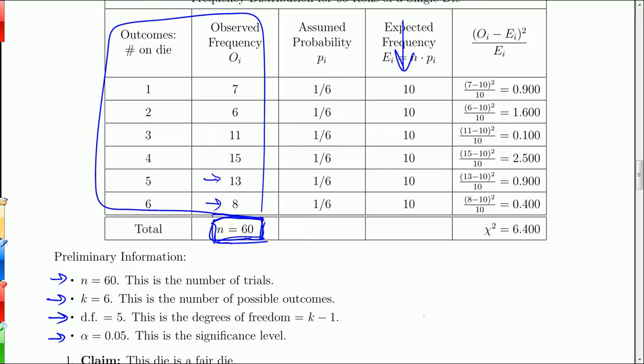E sub I here is N times P sub I. So when you take this times 60, which is what I did, that's just P sub I times N, we get the E sub I's. And again, because all of the probabilities are equal, all of our expected frequencies are equal as well.